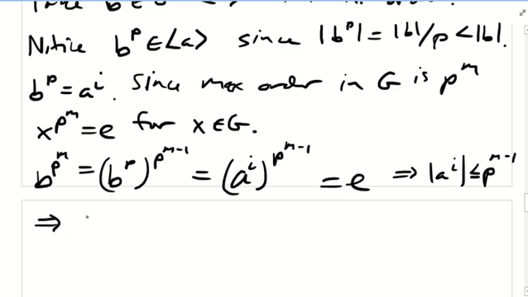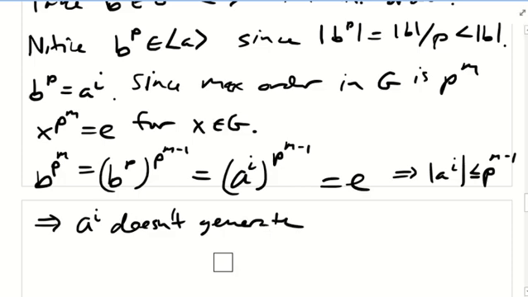That means that A to the i does not generate the subgroup generated by A, right?